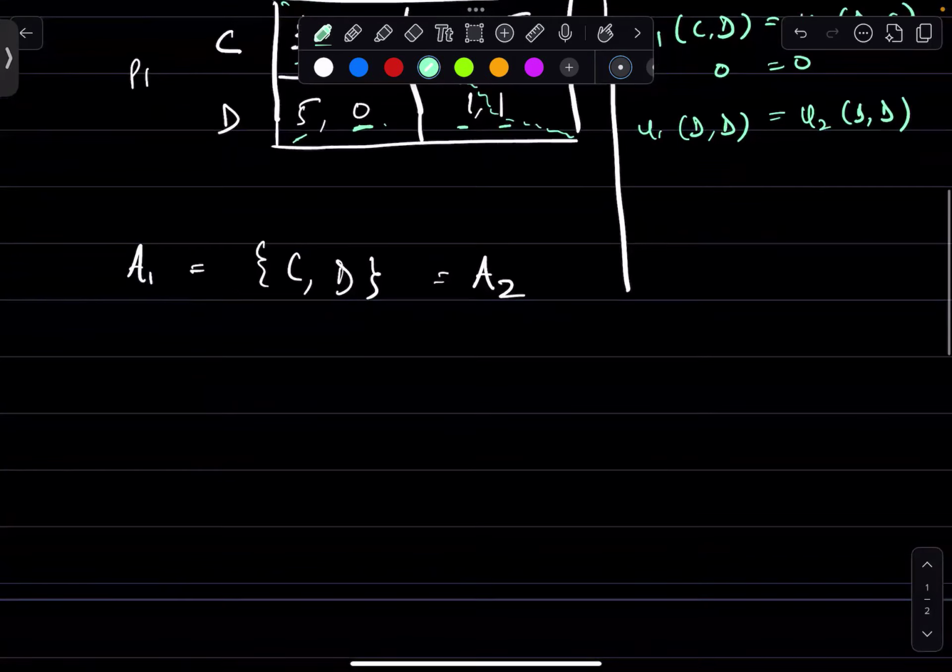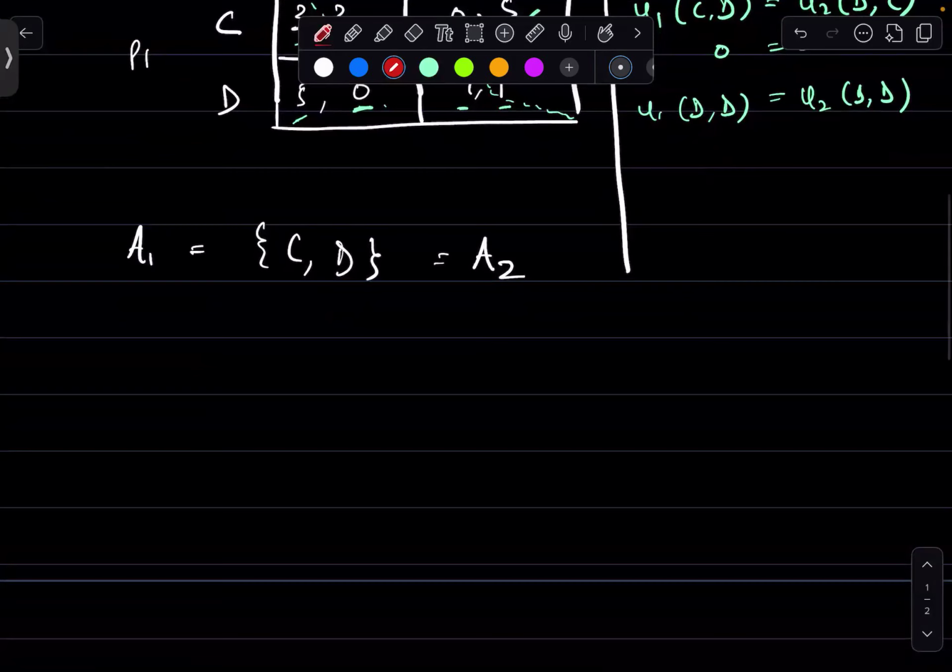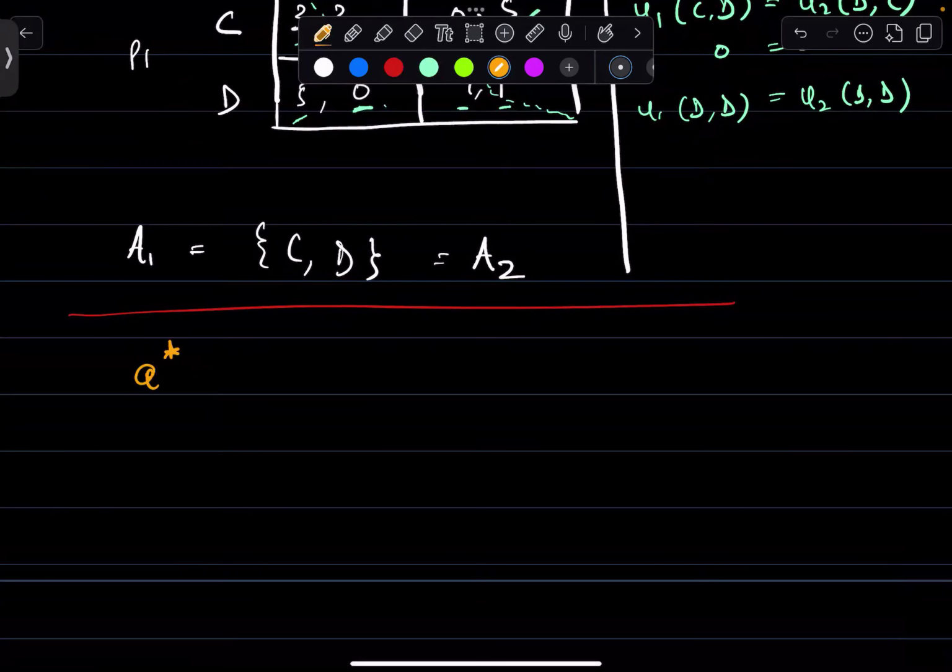So that's what a symmetric game is. What's a symmetric Nash equilibrium? Well, let's suppose A star is a Nash equilibrium.